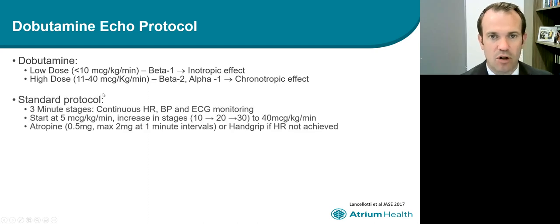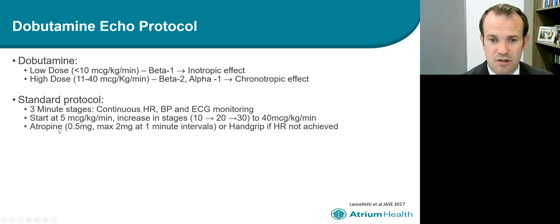The standard protocol is 3-minute stages where we are continuously monitoring heart rate, ECG, and the blood pressure. We usually will start at about 5 micrograms per kilogram per minute, and we increase in stages, usually 10, 20, 30, up to 40 micrograms per kg per minute.